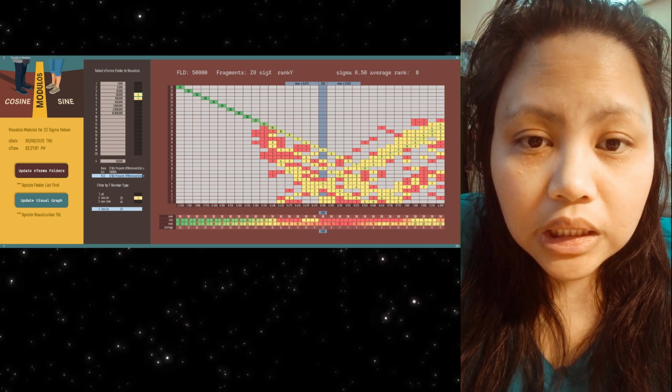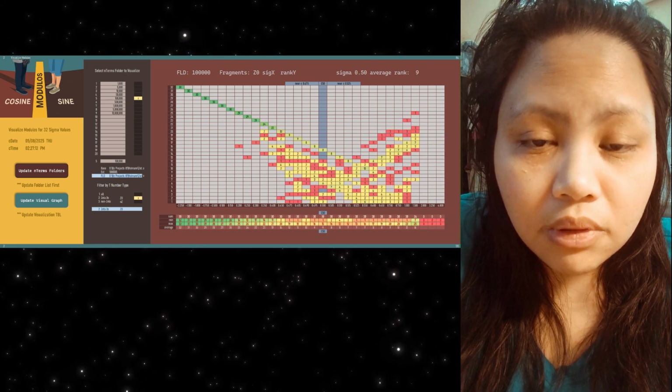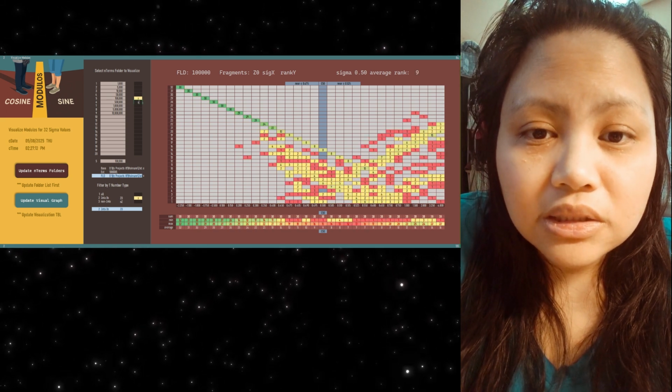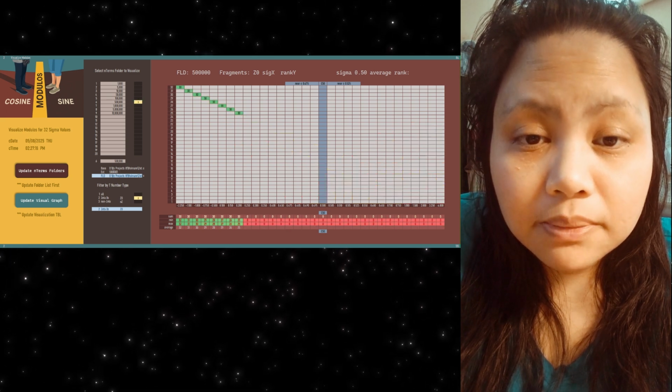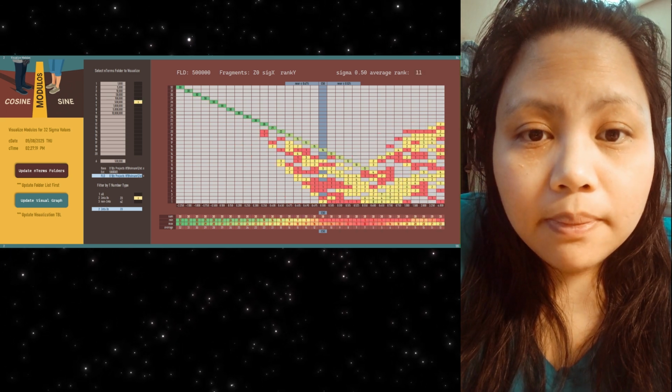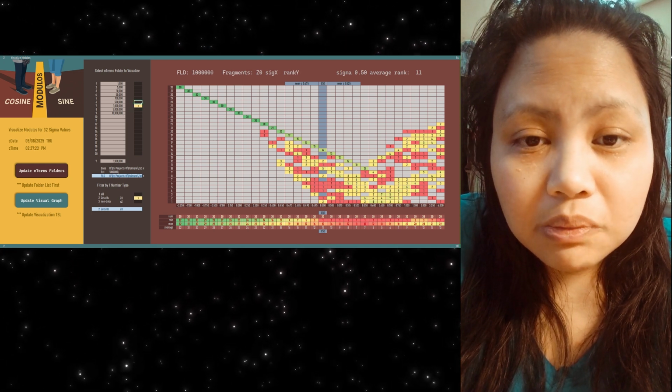We see it ranking really high, almost all of the rankings are the same. It's always really high if it's a negative sigma value.